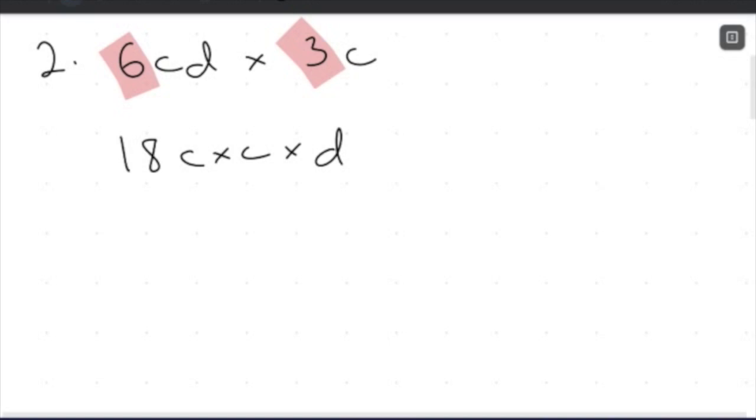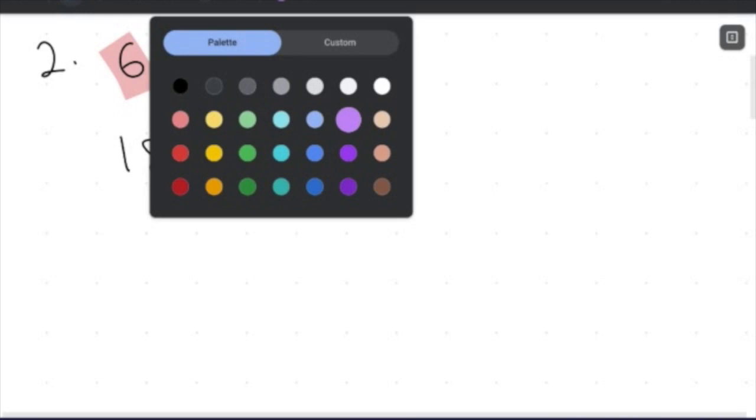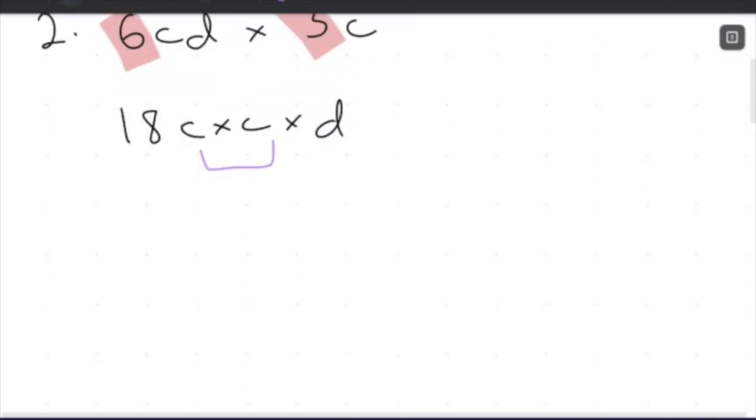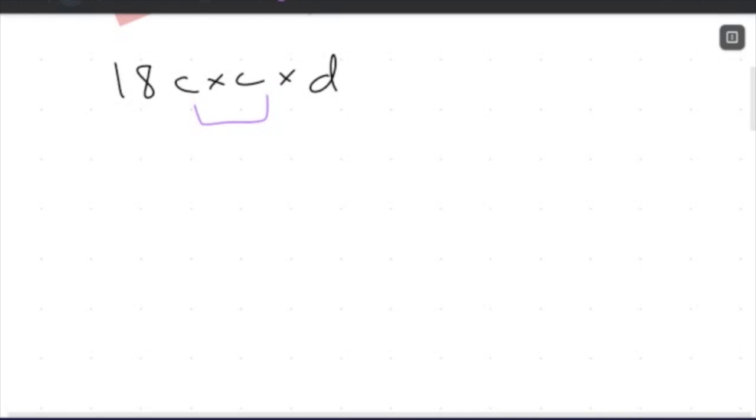So let's briefly consider this thing here. We've talked about this before in a previous video. It was to do with squares and powers and things like that. So if you need to refer to that, you can find it on the channel. But when we have any number multiplying by itself as we have here, now we don't know what c is, but we know that the way it's written here, having the same pronumeral, implies algebraically that this is the same number.